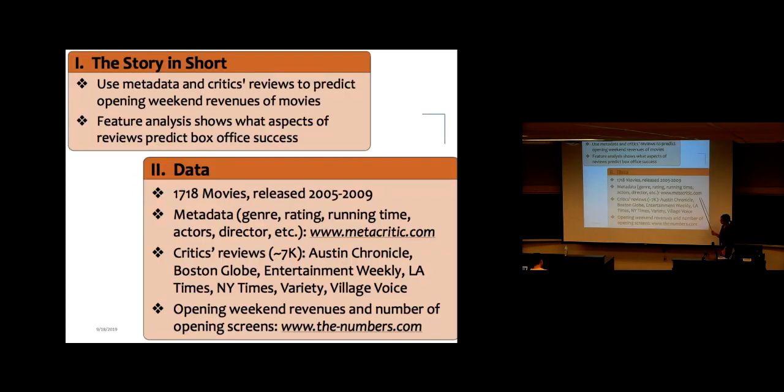So the story in short is we're trying to use just the metadata and the review data to predict how much money a movie earns in the opening weekend. And this paper actually, the majority of the paper is more like feature engineering and analysis about what features are related to the revenue of a movie.